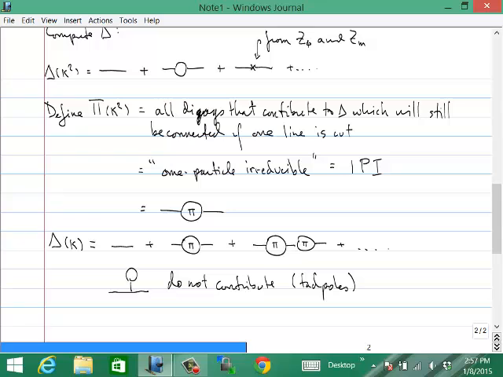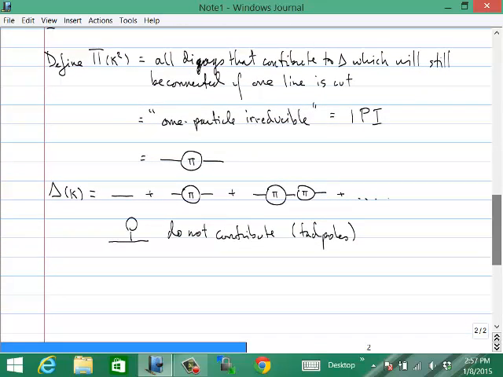Is this clear, this fact that you can write the propagator as a sum of one particle irreducible diagrams, more or less clear? Yes? I don't really understand. Is a free propagator a one particle irreducible diagram? No, I'm not going to include the free propagator as one particle irreducible. Could you give an example of a one particle irreducible diagram? Okay.